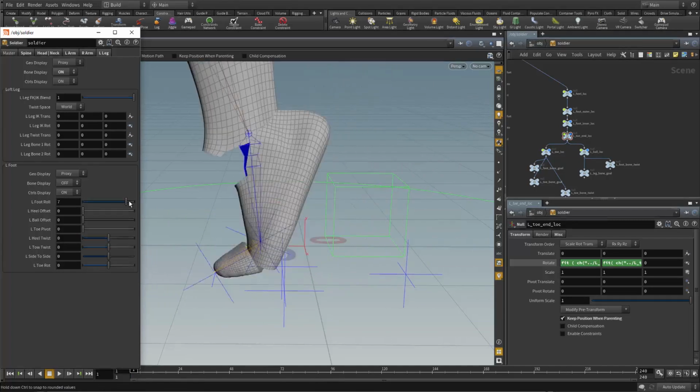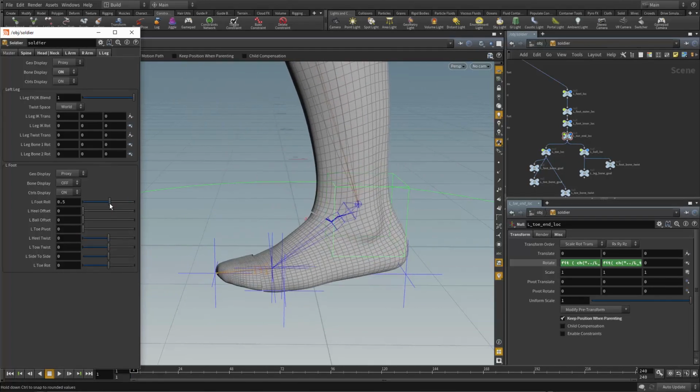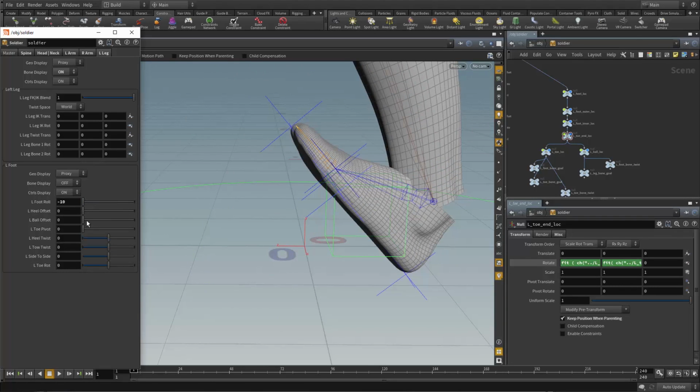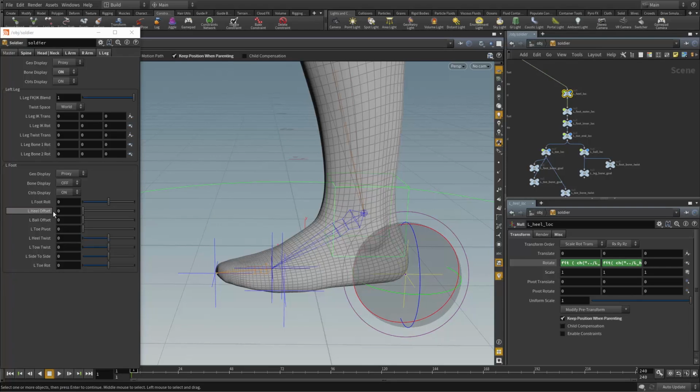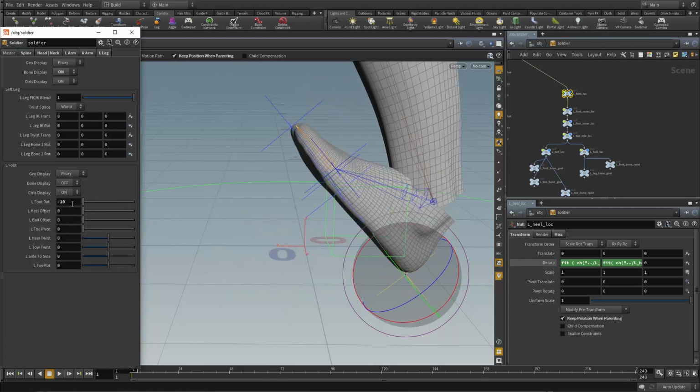So from 0 to -10, I'm doing exactly the same thing as heel offset 0 to 10. So the null that drives that heel offset is driven by this heel offset parameter and the left foot roll parameter when its value is from 0 to -10.